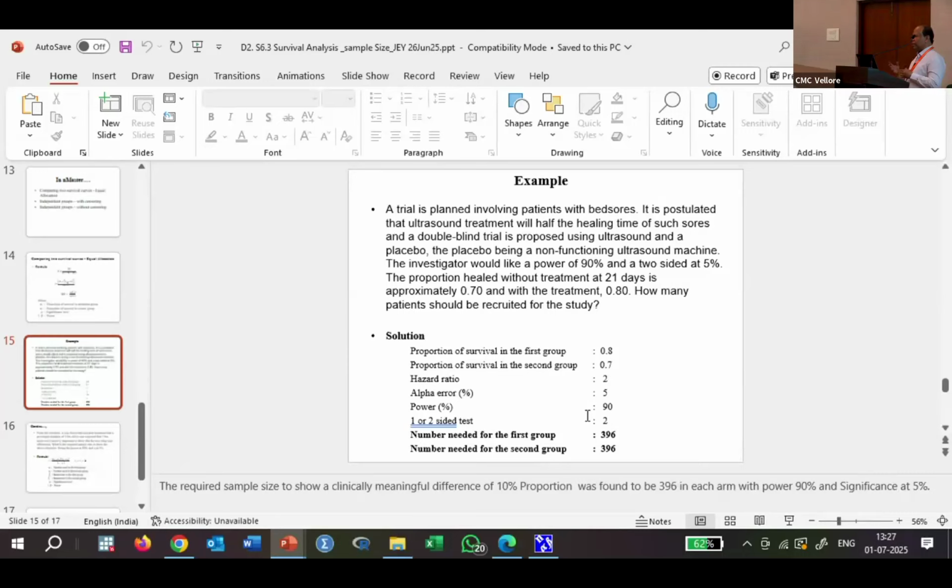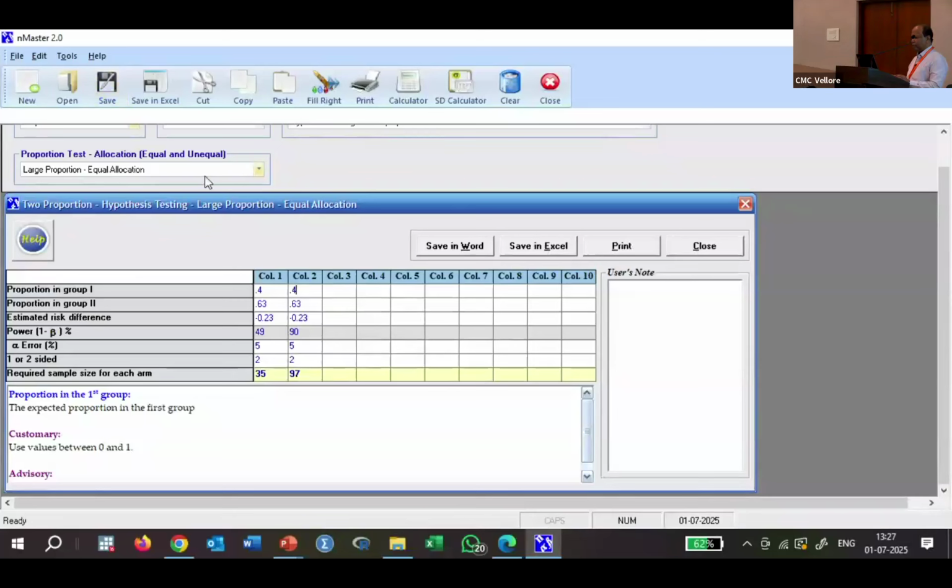The hazard of dying for one group is 2 times more than the other group. That has to come from you, the investigators. Existing literature will provide guidance. If you review the literature, you will get that information. Anyway, I'll show you that we put it in the software.